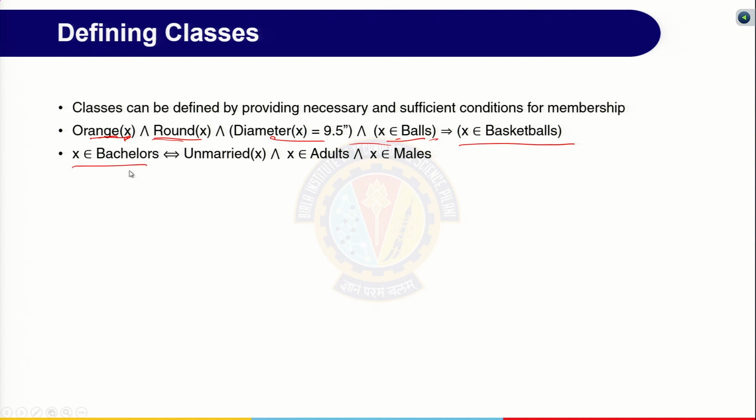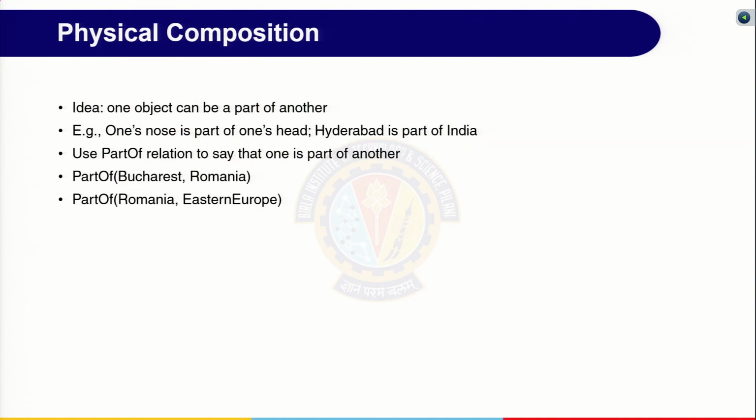For another example, if I want to define a class bachelors, I can have properties like the object should be unmarried and should belong to the class adults and should also belong to the class males. Only when all of them are in conjunction do I call it a bachelor, and the vice versa relation holds there.